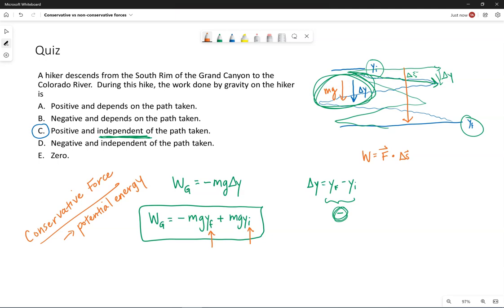Potential energy meaning stored energy. Energy that is stored in the system because of its interaction, in the case of gravity, because of its interaction with the earth. That potential energy is just going to be another way of looking at the work.